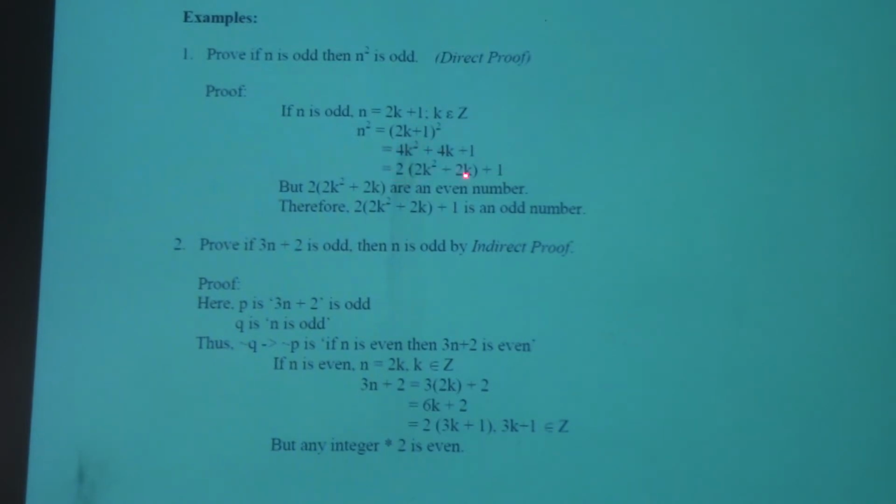You get 2 times (2k squared plus 2k) plus 1. But an integer squared is an integer, times 2 is an integer, plus 2k is an integer. So all the stuff in here is an integer. Times 2 is an even integer. So therefore, when you have that plus 1, it makes it odd. So that shows that for any odd number, squaring it produces another odd.